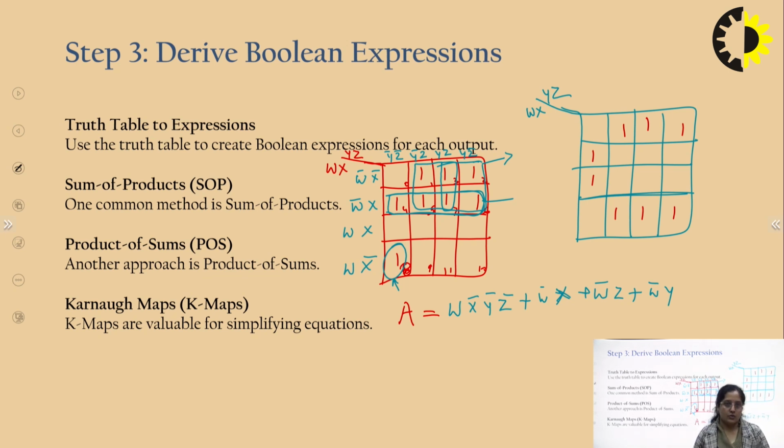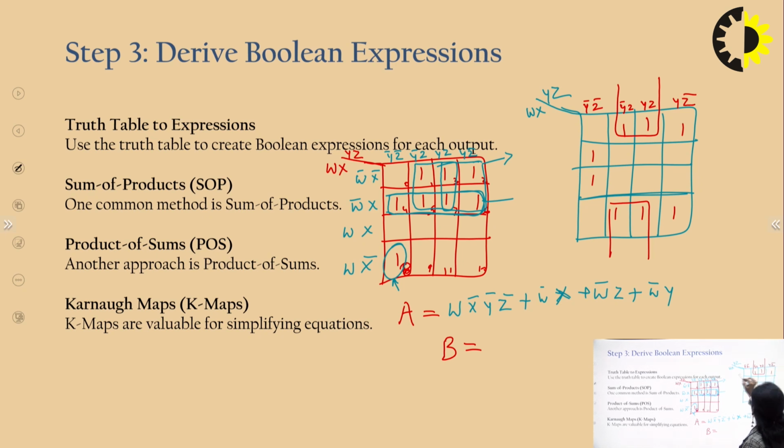Okay. So from this, if we make a pair, this will be one quad. So for B, we have to write here it's y bar z bar, y bar z, y z, y z bar, w bar x bar, w bar x, w x, w x bar.